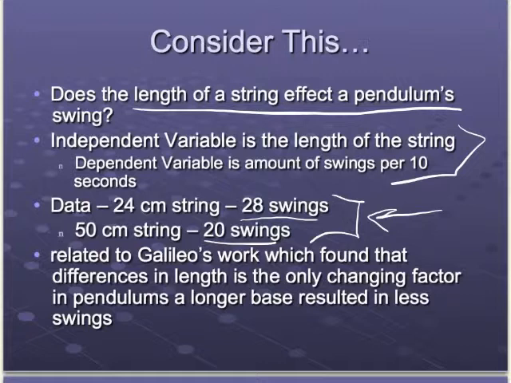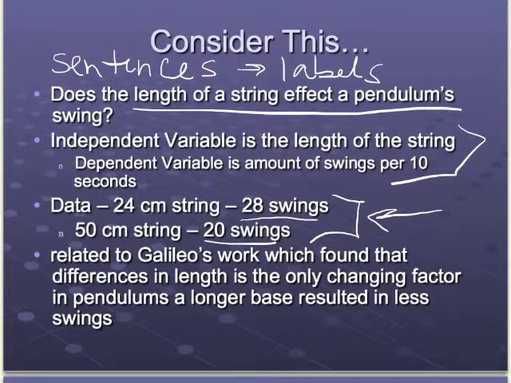The biggest thing to realize here is that this is a writing portion, so we want to make sure that we have clear sentences. Even if it is data, we want to include labels at the end of it to make sure that it is very clear. In this experiment, we were keeping track of the number of swings per 10 seconds, so we want to label what is a swing and what is the time.